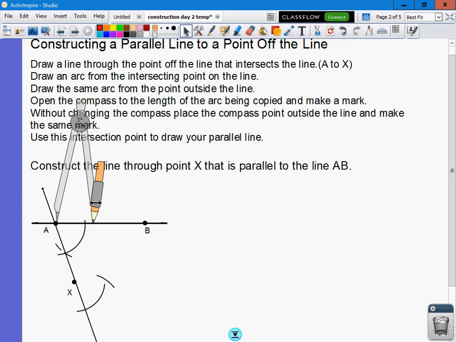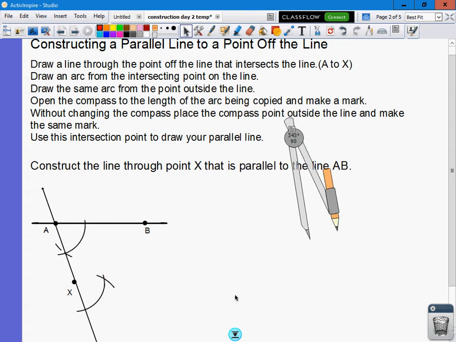I'm going to go back and extend it so that you can see where it would intersect. So I'm going to reset it so that we can see where that's going to intersect. Okay? And I'm going to make that point so that you can see it.